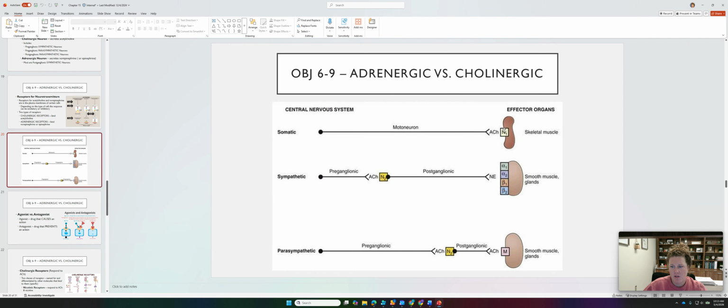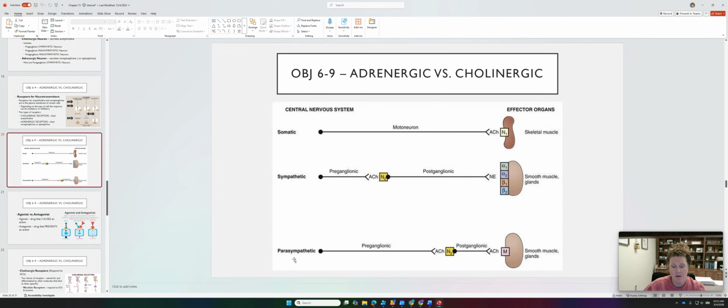And this is essentially one of those ligand-gated ion channels that allowed sodium to move in. And so this N represents nicotinic, which is a type of cholinergic receptor. And then this ACh represents acetylcholine. So in your somatic nervous system, we had one motor neuron. It released acetylcholine, which binds to a nicotinic receptor.